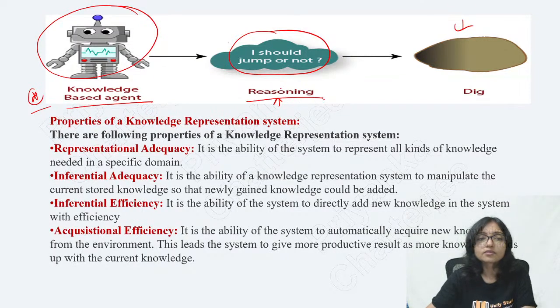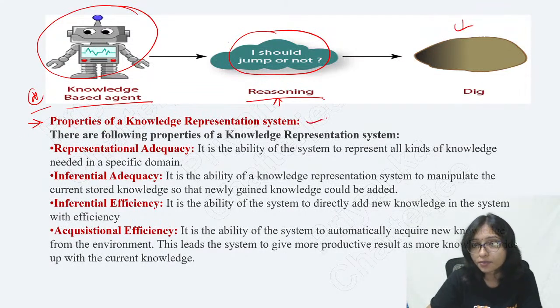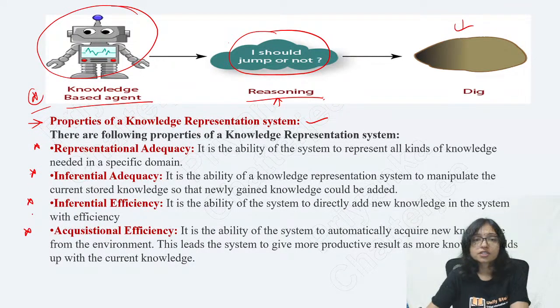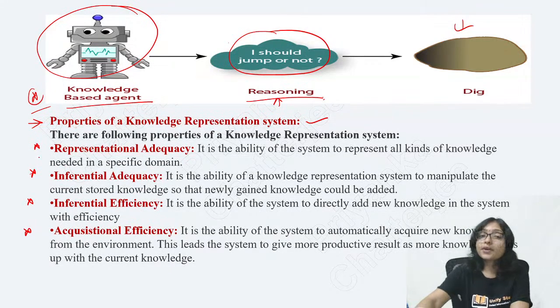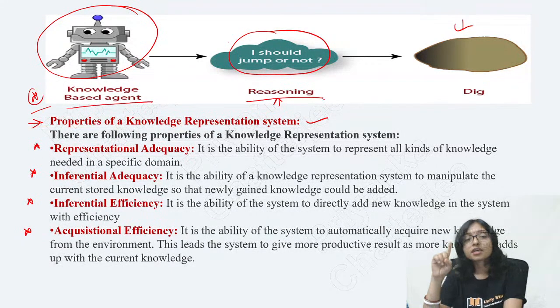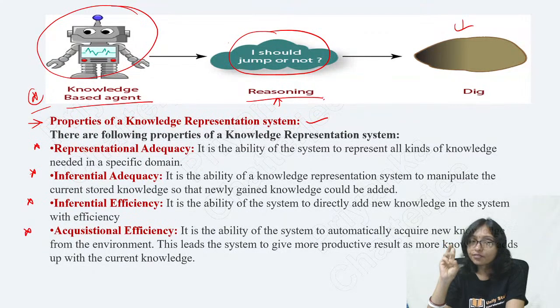Okay. So what are the properties of knowledge representation? What are the properties of a knowledge representation system? These statements are also very important. Representational adequacy, inferential adequacy, inferential efficiency, and acquisitional efficiency. Now what is that?